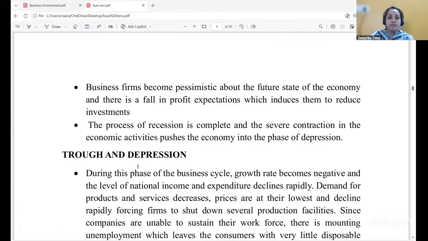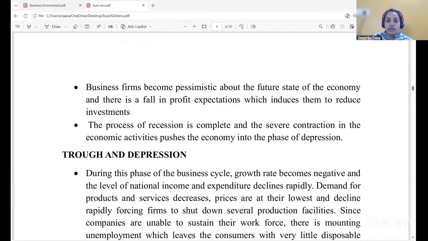Now depression, this is the phase of a business cycle where the growth rate becomes negative. Here there is no growth, we can see zero growth. Instead of having a neutral growth, we can see a negative growth. The levels of national income and expenditure decline rapidly. Demand for products and services decreases.